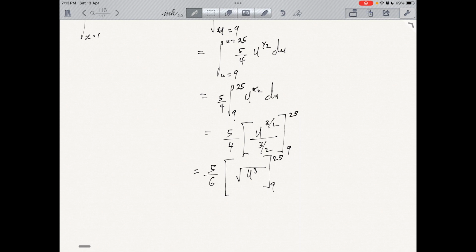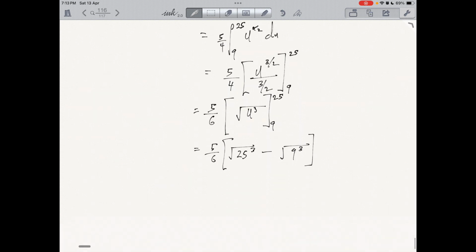So we have 5 over 6. Let's substitute our upper limit 25 raised to power 3 over 2 minus lower limit 9 raised to power 3 over 2. And now this will go 5 over 6 into 125 minus 27. And simplifying this, we will have 81 2/3.